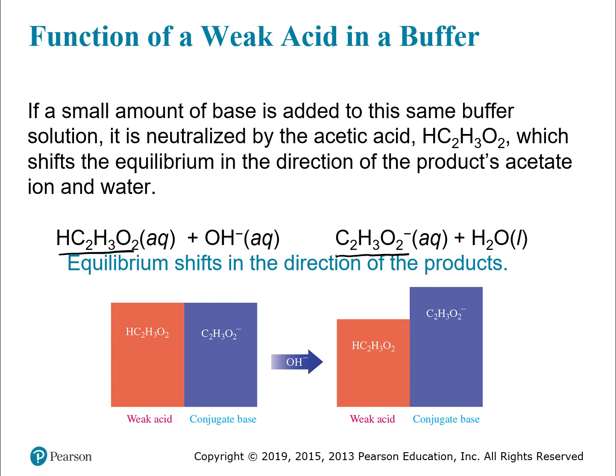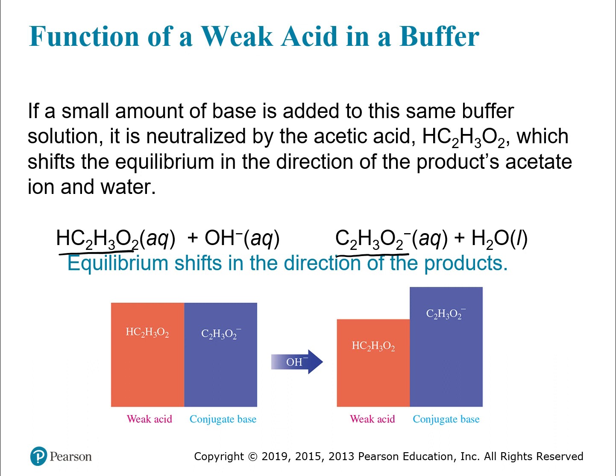To this buffer, we add a little bit of base. So base is something that is going to have like an OH minus. We need to look at the equation for the buffer and see which way the equilibrium is going to be shifted.